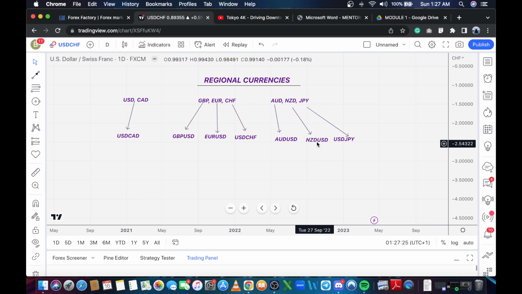So we're measuring the value of dollar against New Zealand dollar here. We're measuring the value of yen against the dollar here. We're measuring the value of Swiss franc against US dollar here. We're measuring the value of dollar against euro here. We're measuring the value of dollar against pound here. And then finally, we're measuring the value of Canadian dollar against US dollar here. Okay, so that's the relationship.